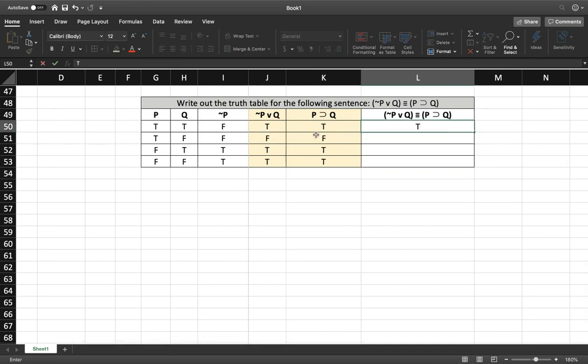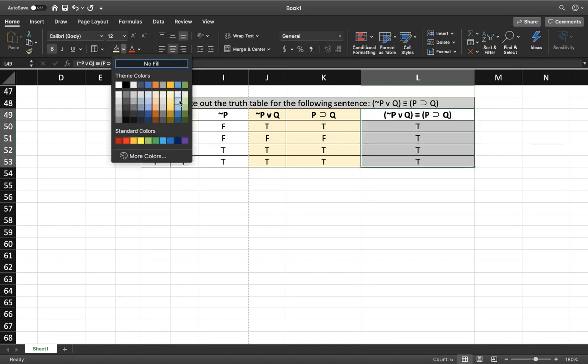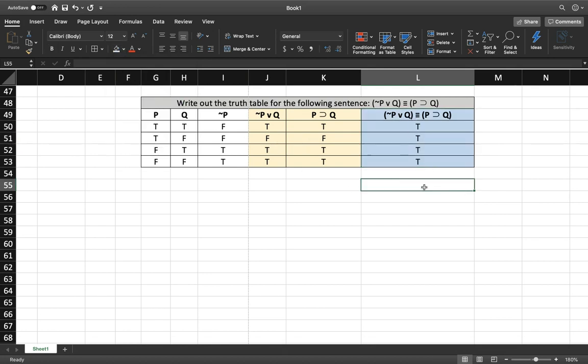So the answer is true. So false, false, remember, it's whether they match. So the answer is true. They do match, which is true. And then this again, true, true, and this, true, true. So look at the conclusion here. The conclusion is showing us that it is true in all cases.